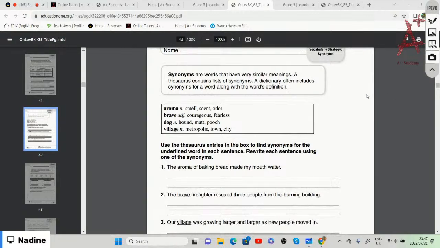A thesaurus will give us more expanded, broad words that are similar in meaning. A dictionary will give you the definition as well as some of the synonyms, words that mean the same or similar. So this is basically the end of our lesson on synonyms.